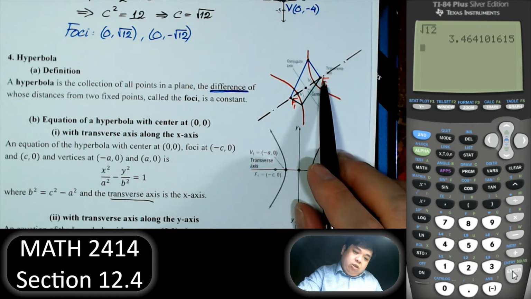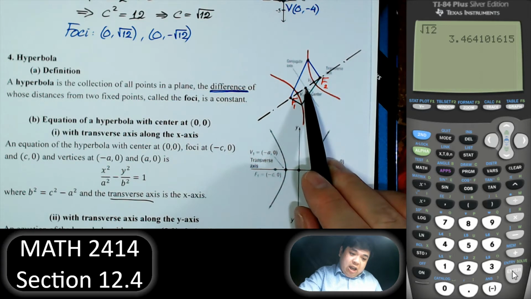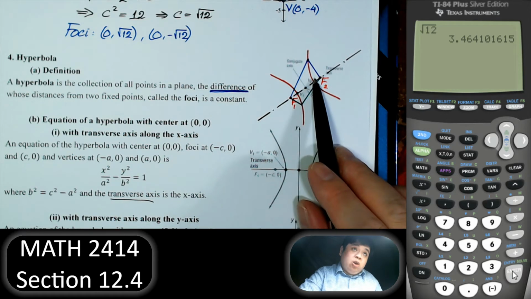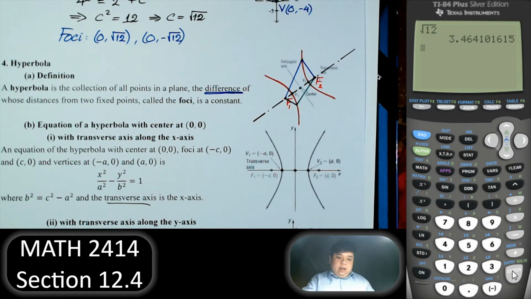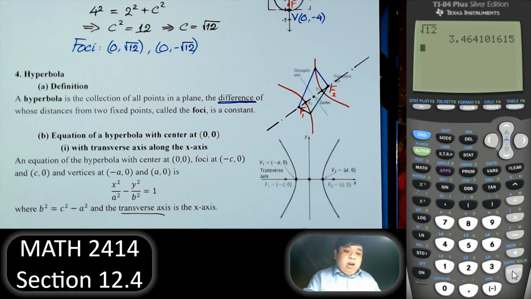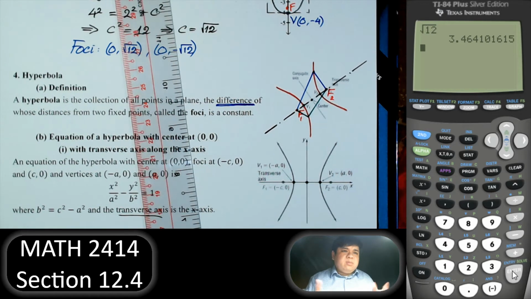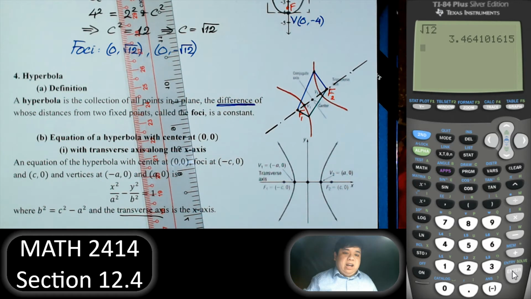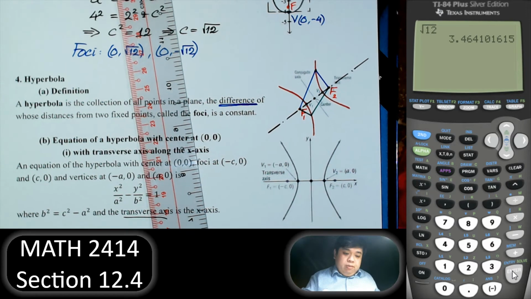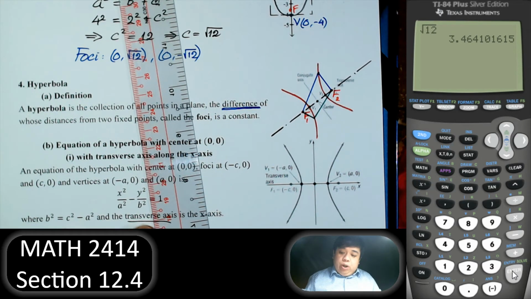So we have two foci there, and the center there, and the two vertices also there. But the way we draw this, whether it's vertical or horizontal, is kind of difficult without any guideline, right? So this is what we do.